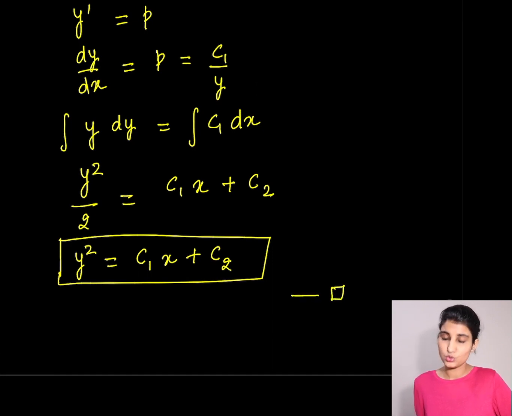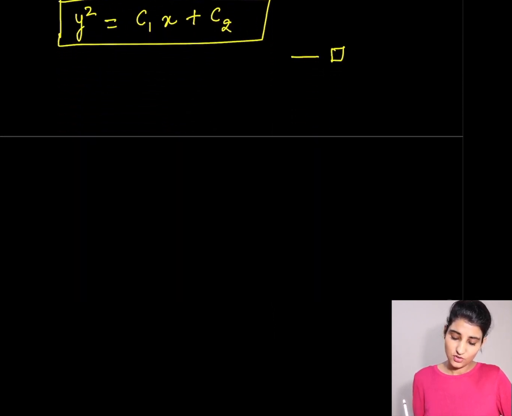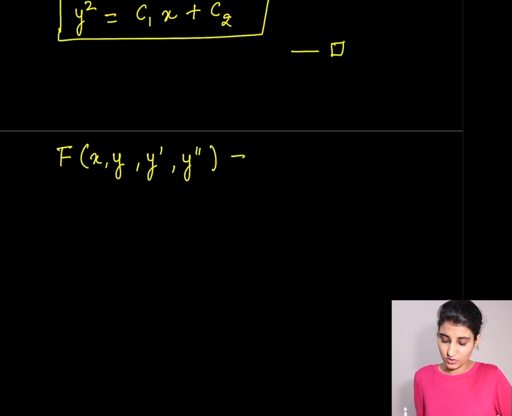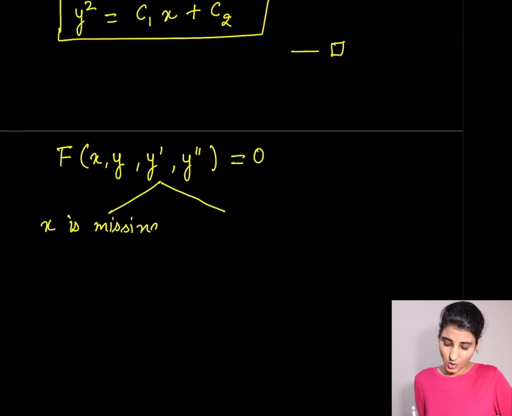So these are the two cases when the independent variable is missing or the dependent variable is missing. So if you have a second order ODE, it doesn't matter if it's linear, it's non-linear, if it has constant coefficients or not, you can easily solve it if the independent variable is missing or the dependent variable is missing.